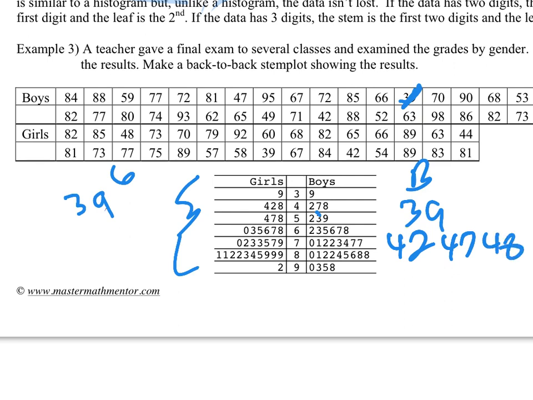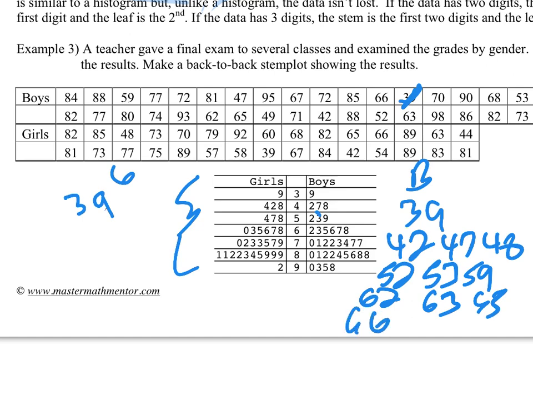The fives: 52, 50, what else? 53 and a 59. 62, 63, 65, 66, 67, 68.